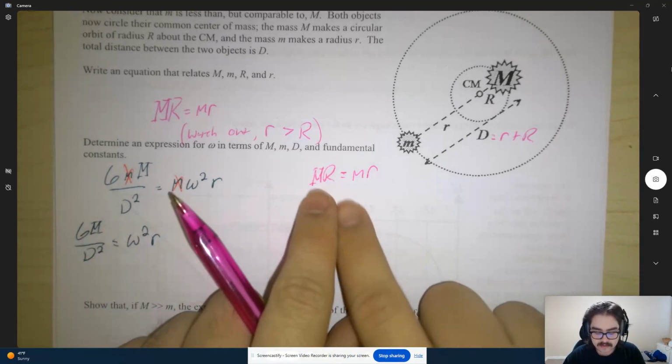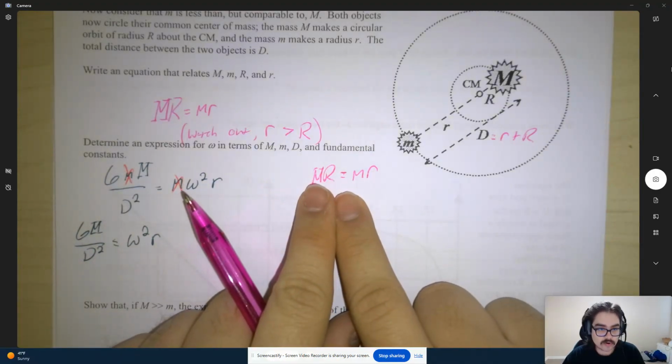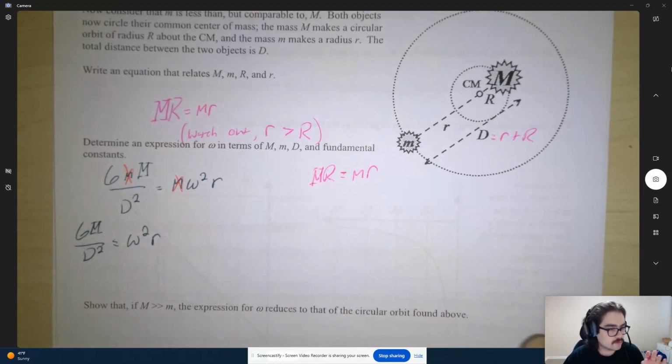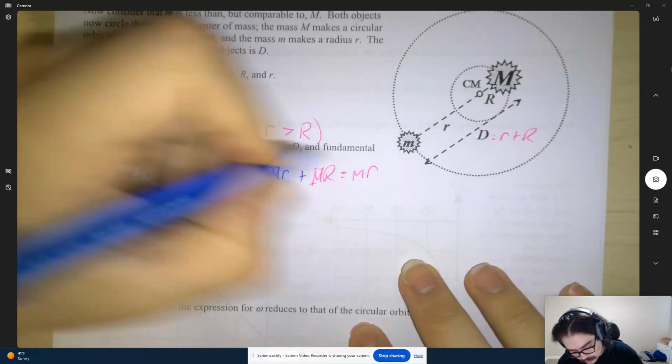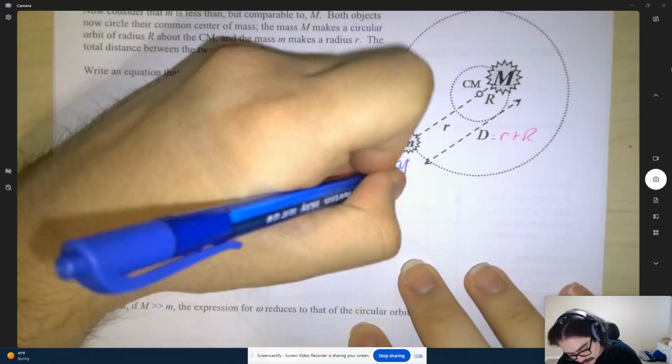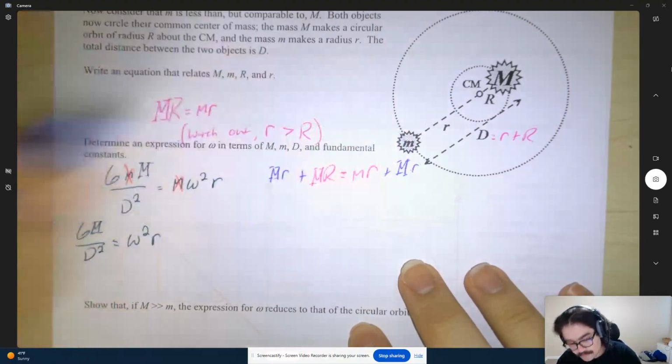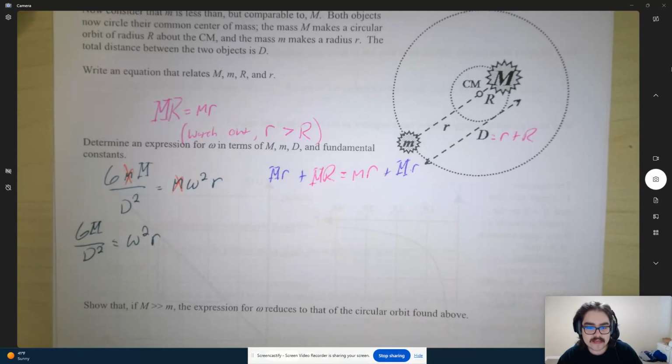So in order to get some term of r plus R, what I do to one side I must do to the other. I'm going to do a sort of crossover term, where I add on both sides capital M times little r. This will make it so that I can do some factoring on both sides.